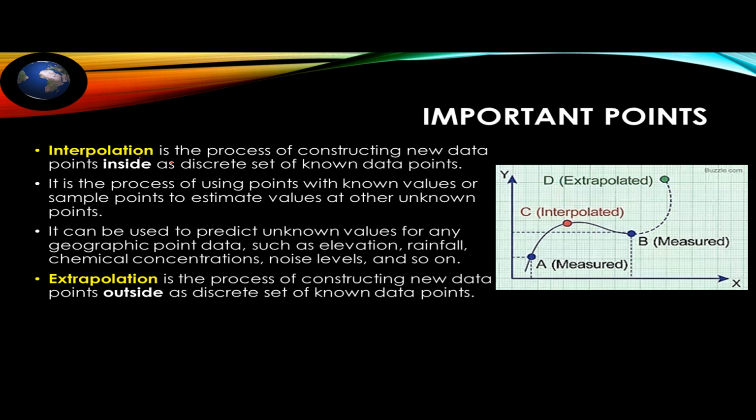Because if we need any in-between point through two or three measured points, we will follow interpolation in GIS. Or if we are not aware of something outside the boundary, we will go for extrapolation. It is the process of constructing new data points outside a discrete set of known data points.